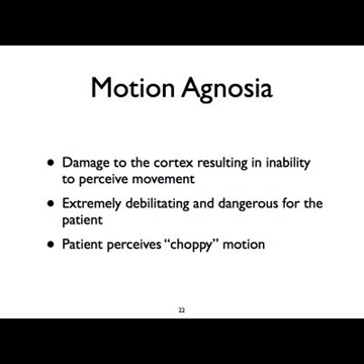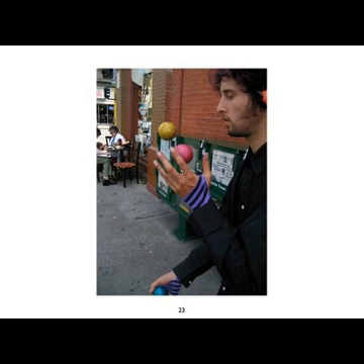So you can acquire a motion agnosia. So an inability to perceive motion. And so what is this like? It's like everything is under a strobe light. So you can see still images, you just don't see things transitioning.